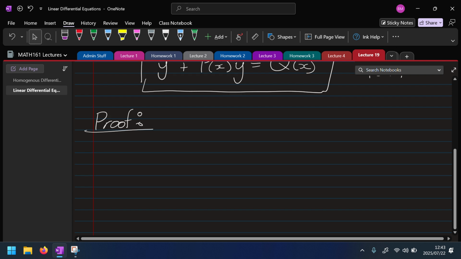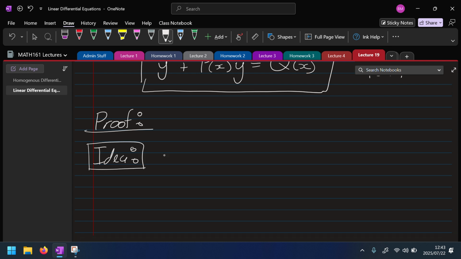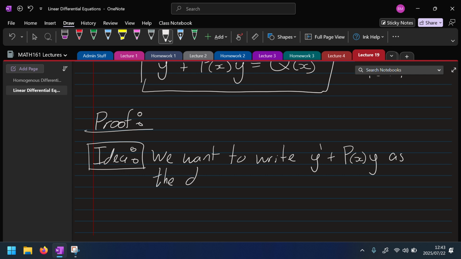Firstly, the idea of the proof. What do we actually want to do? We want to write y prime plus p of x y, that left-hand side, as the derivative of a product of two functions.